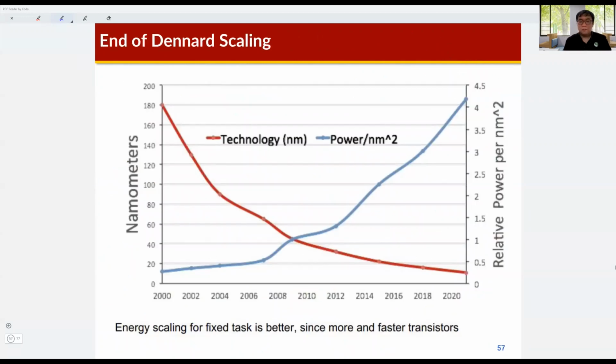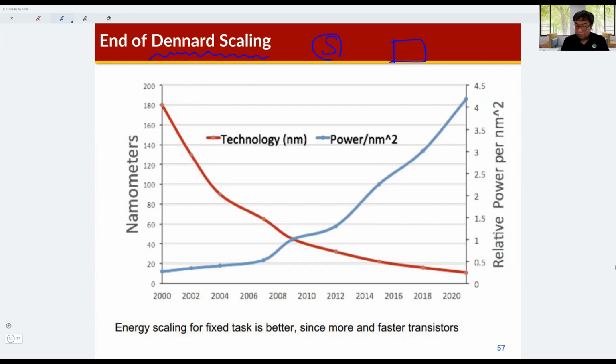So this is called the Dennard scaling. Dennard scaling means that if we reduce the channel length of the CMOS transistor, then we can increase the performance by S, but the power density of the power consumption in the same area is maintained.